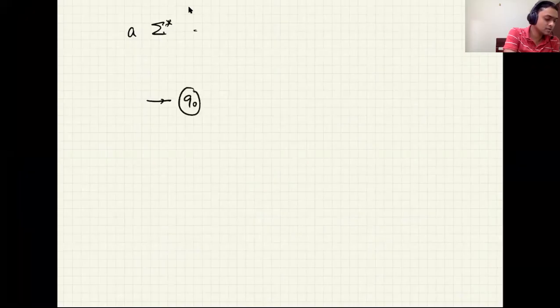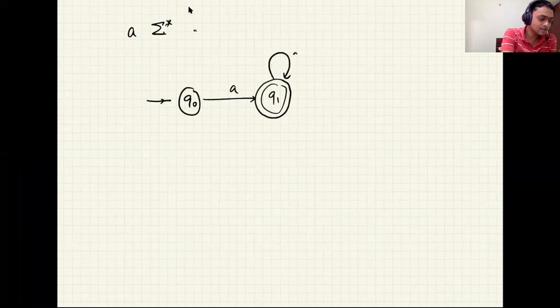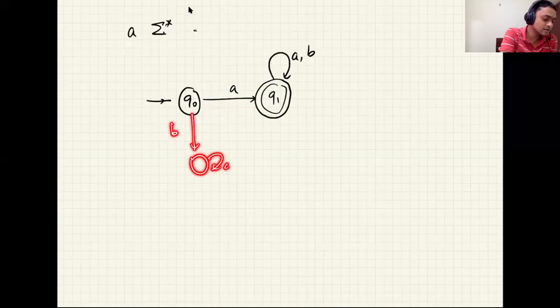It will start at Q0, read an A and go to a state Q1, and at Q1 it can read A or B. So this one accepts all words that start with an A. If I see a B, I can always go to a state from where I can never accept, or I just stop here.